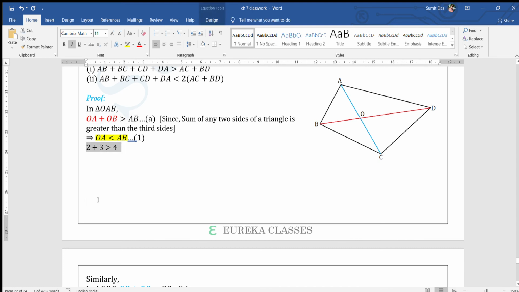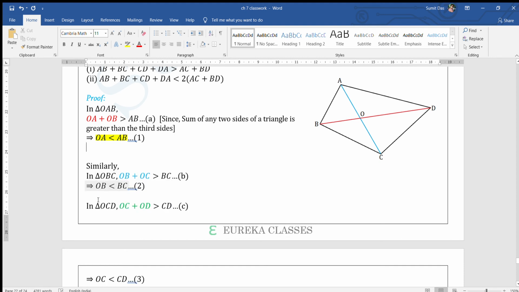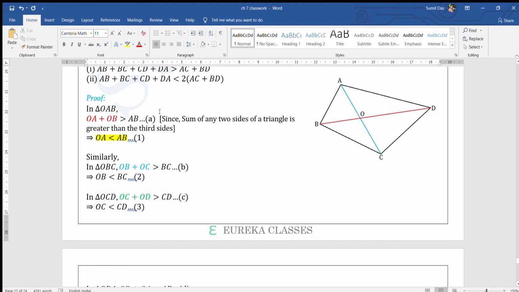Understood? Then similarly, in this triangle OAB, OA plus OB is greater than AB, and at the same time I'm writing OA is less than AB. I'm marking OA plus OB greater than AB with A, and OA less than AB with 1.